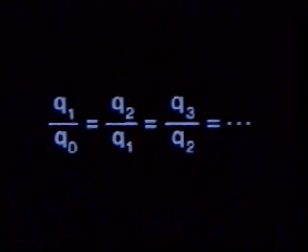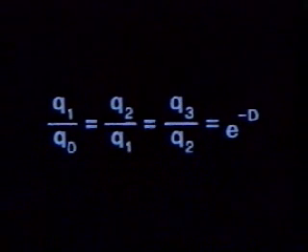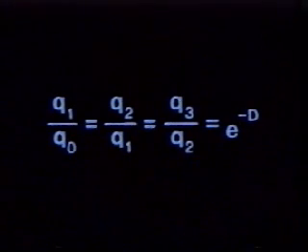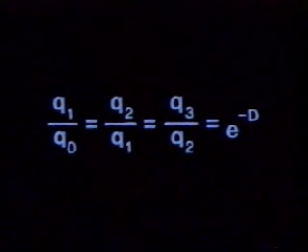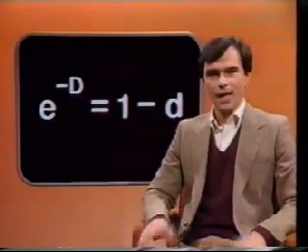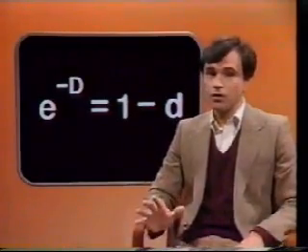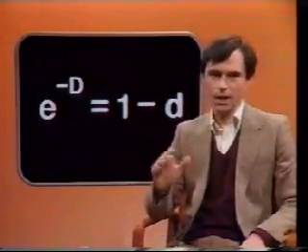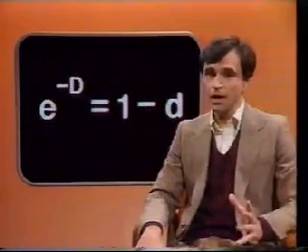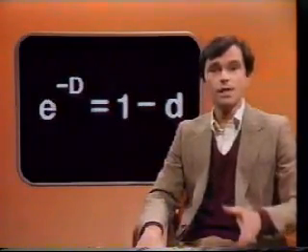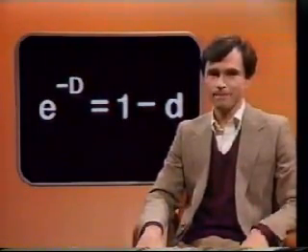This ratio is equal to e to the minus D, and is a constant, telling us that the ratio of the production rates in successive years is always a constant. This ratio is often written as being equal to 1 minus small d. Small d is often referred to as the annual production decline rate, and should be distinguished from capital D, which is the continuous decline rate.